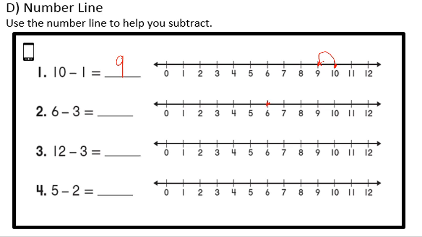How many times do I move to the left? 1, 2, 3. And my answer is? Finally, where do I start? 5. Guys, where do I start? Not what is my answer. I start at 5 and I move how many times? 1, 2, and my answer is 3.